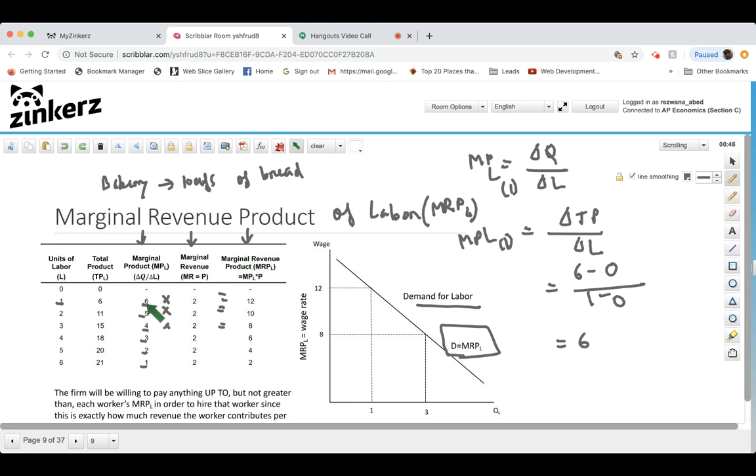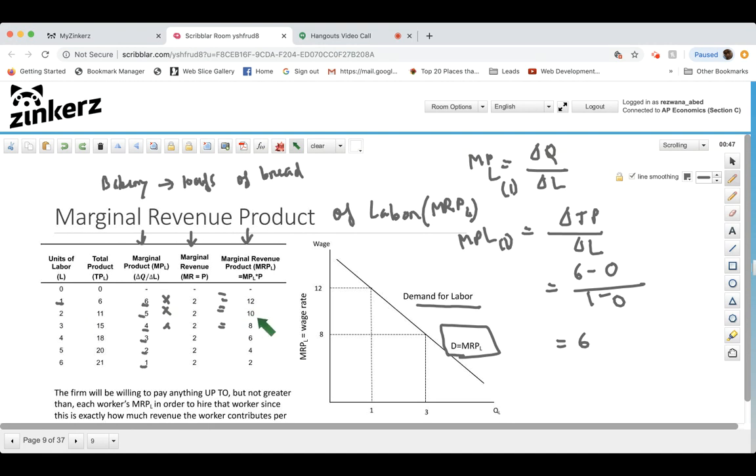So the first worker, it was 12. For the first worker, the maximum wage they can expect to get is 12. For the second worker, the marginal revenue product of labor is $10.